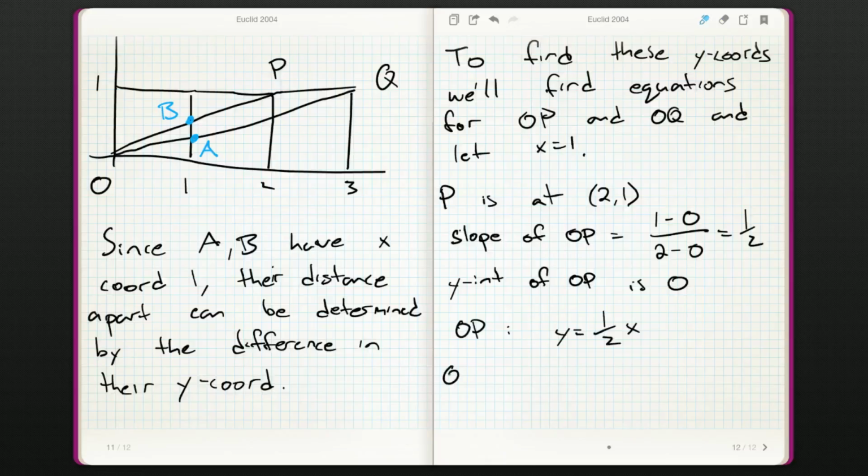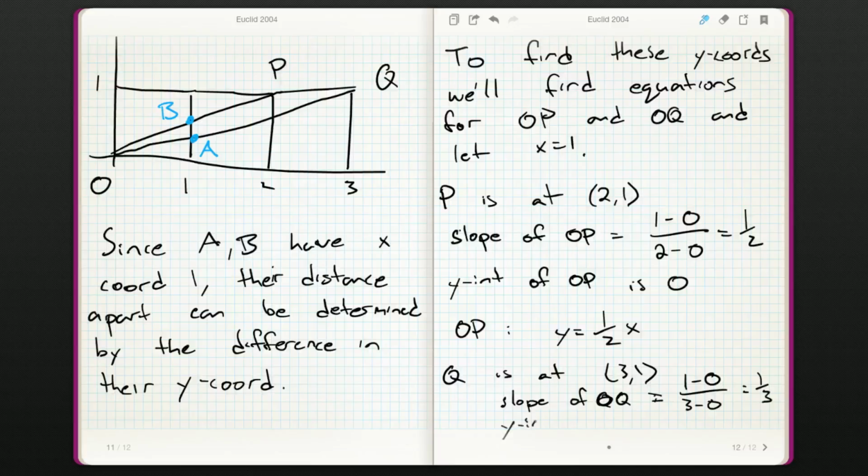So now we can do the same thing for Q. Q is at 3, 1, because we go 3 over and up 1. Slope of OQ is equal to rise, which is 1, 1 minus 0 over 3 minus 0, or 1/3. The y-intercept of OQ is also 0. Both of them pass through the origin.